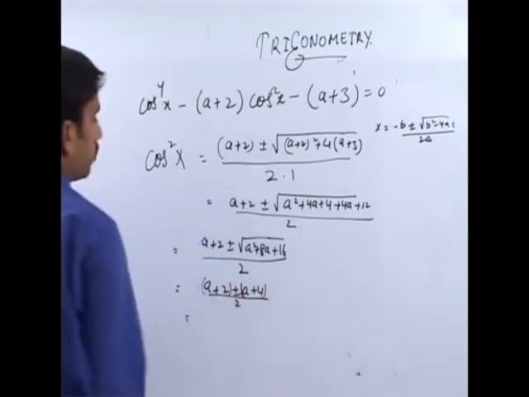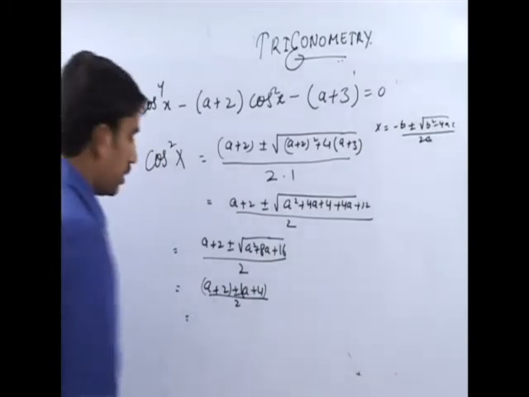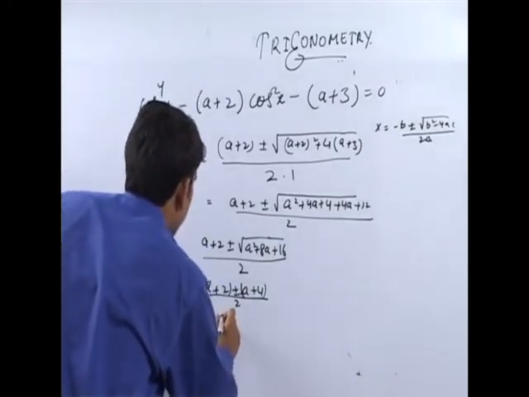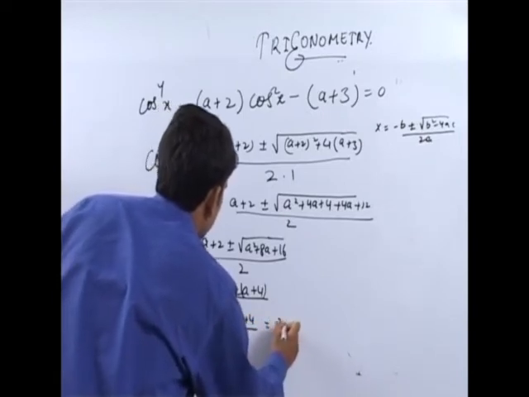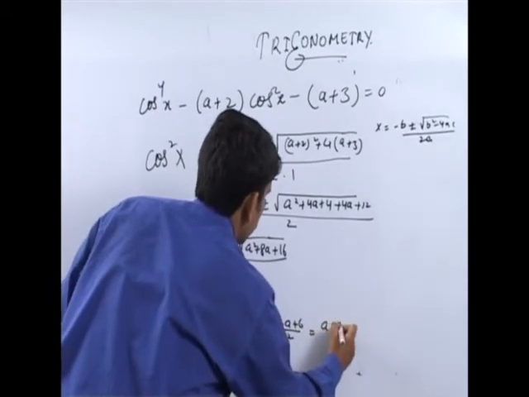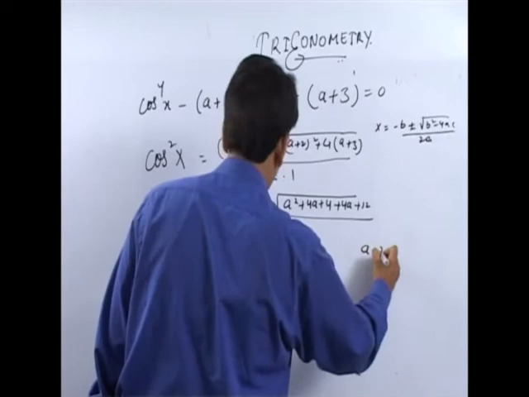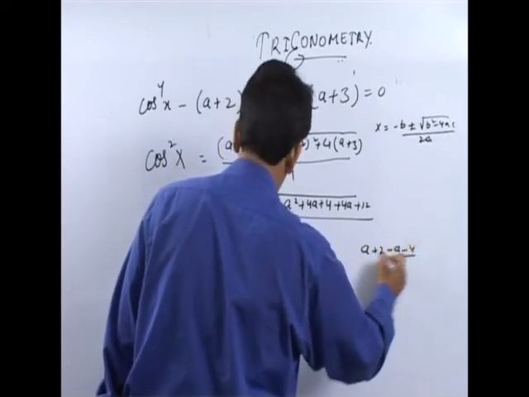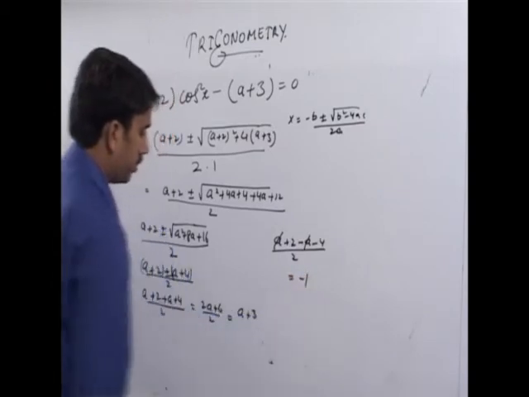Now once you take the plus sign, you will get 2a plus 6 by 2, and this is equal to a plus 3. On the other hand, you will get a plus 2 minus a minus 4 over 2. This a will cancel out and this will be minus 1.